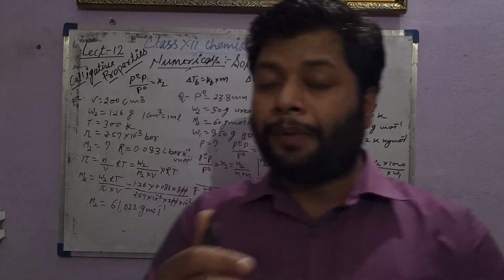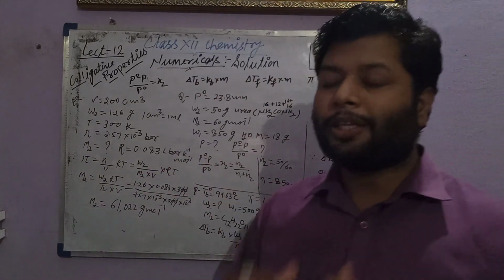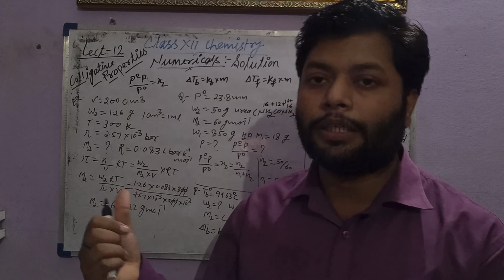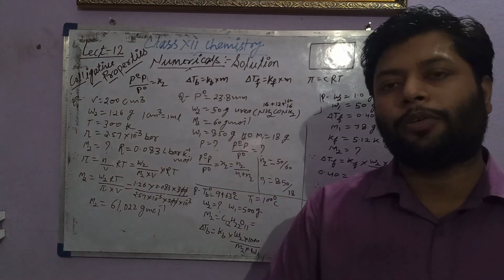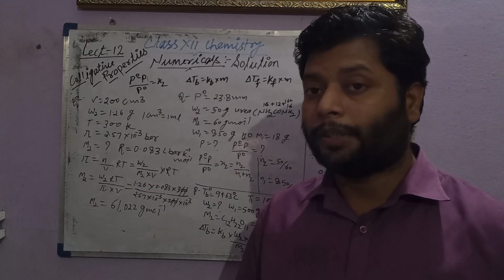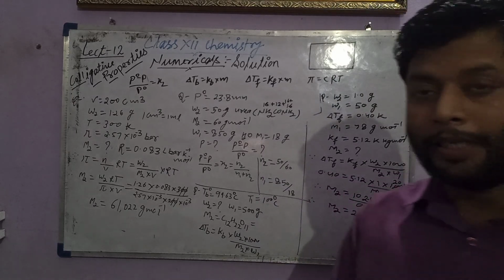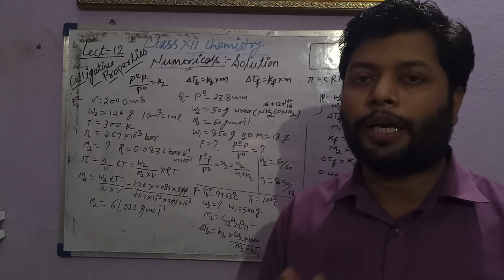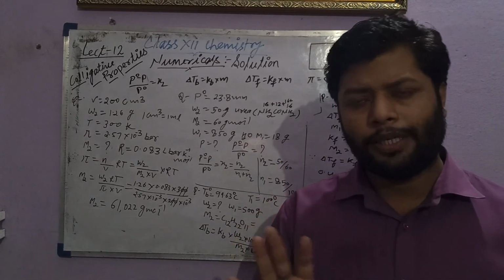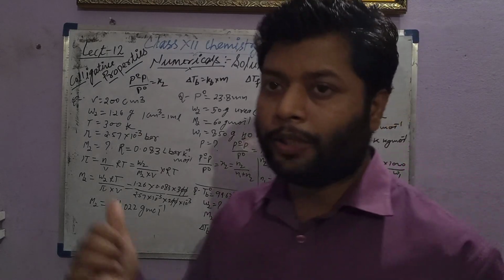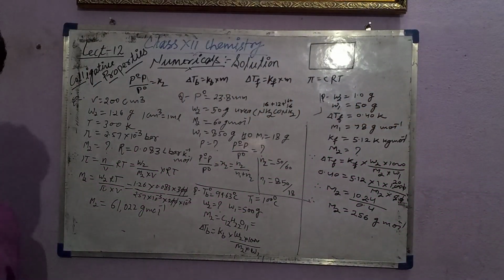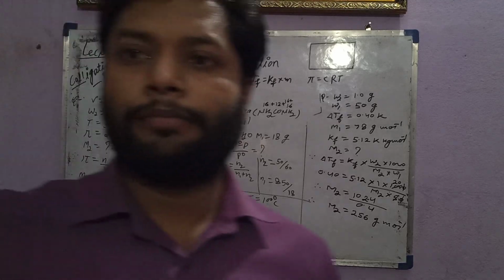If you know the concept and the formulas of the chapter, you can easily attempt questions from the solution chapter, because these are very important numericals for the board exam or competitions. Try to attempt this and take a screenshot if you require. Okay, fine, I'm leaving.